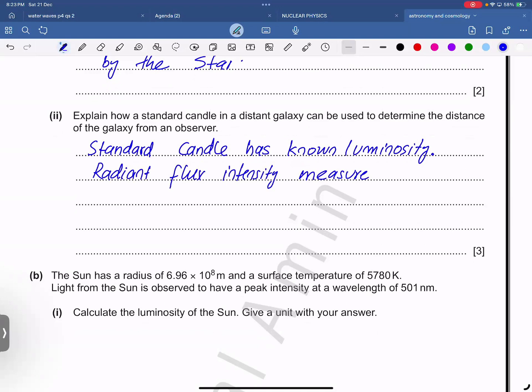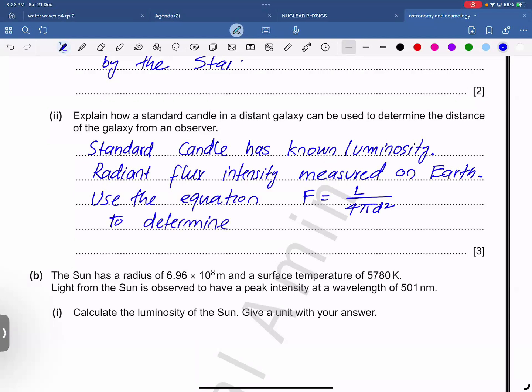Some people say detected, but I'm saying measured on Earth for the same galaxy. And then use the equation F equals L over 4 pi d squared to determine the distance d. So 1 mark I just told you, the standard candle has a known luminosity. Radiant flux intensity will be measured and use the equation to find this, the inverse square law.